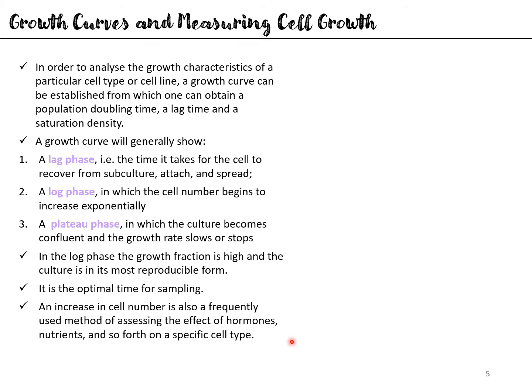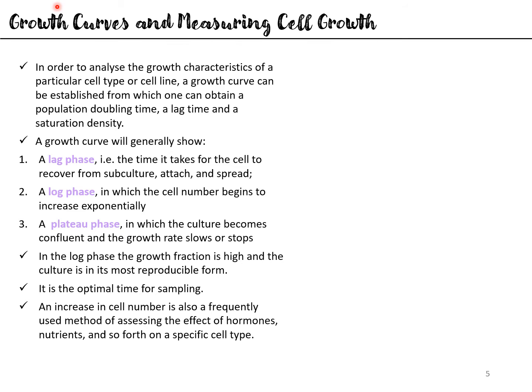An increase in cell number is also a frequently used method of assessing the effect of hormones, nutrients, and so forth on a specific cell type. If you remember the previous lecture where we discussed Ham's nutrient mixture, which was specifically designed to allow the study of the contribution of different components of the medium to cell growth.